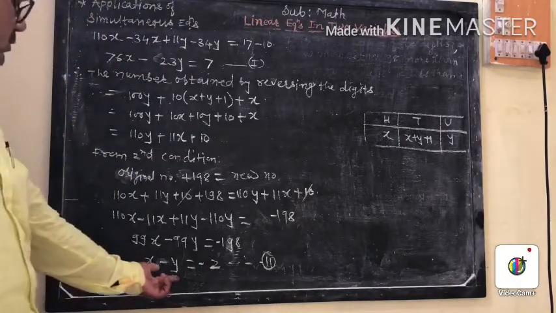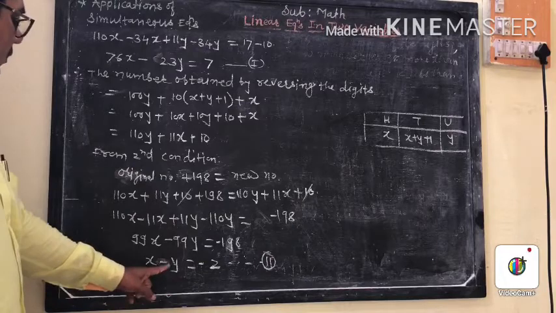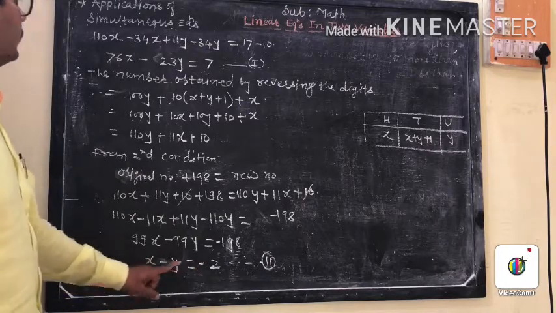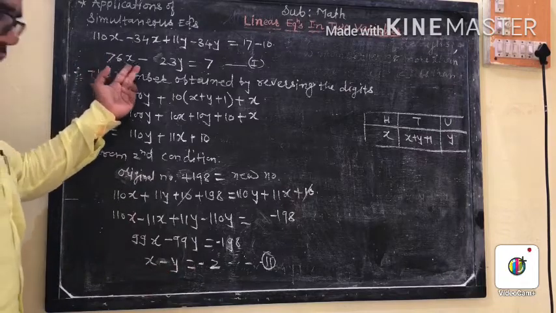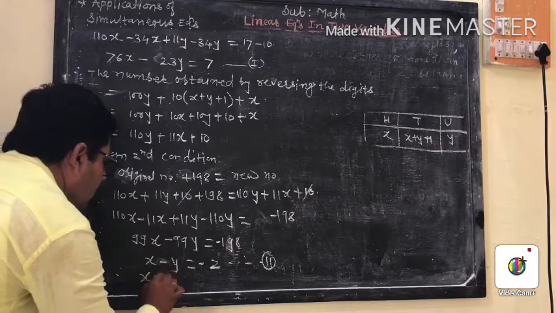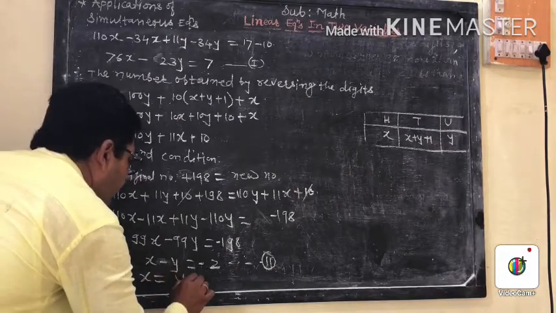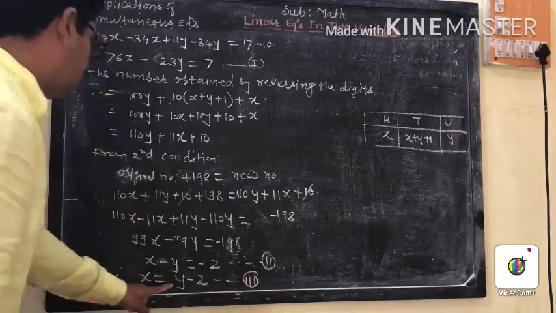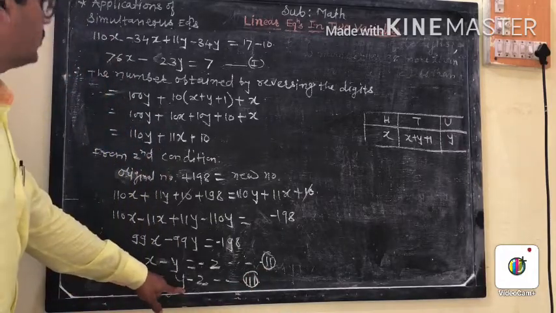Here the simple one equation, find out the value of x in terms of y. I am putting it in equation 1. Now therefore x is equal to y minus 2, is equation number 3, and this value of x in terms of y put in 1.